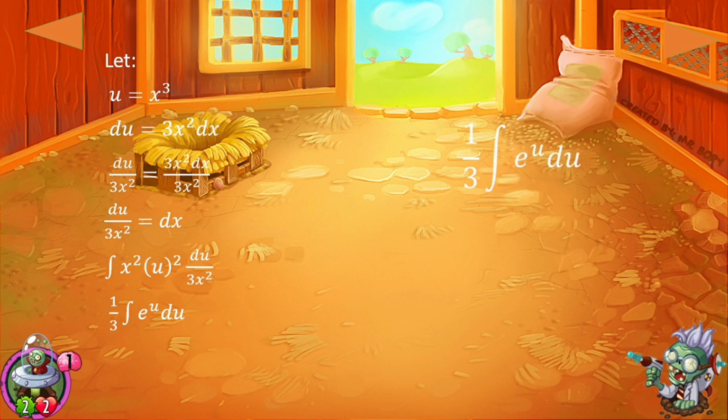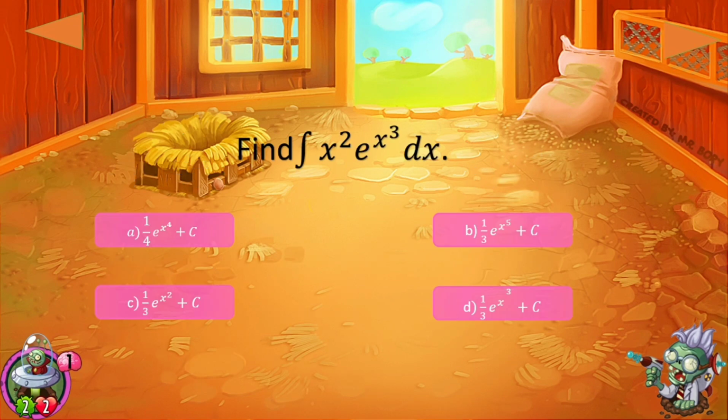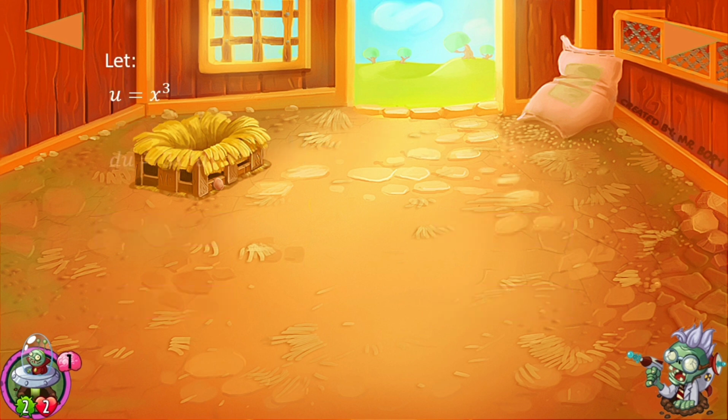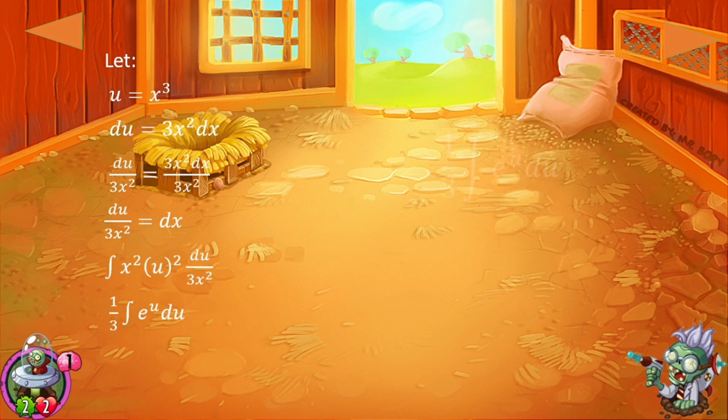So 1/3 integration of e to the u times du will be 1/3 e to the u plus c. I'm sorry for the typographical error. So our answer here is letter D. And how did we get our answer? As we have our u as x cubed, therefore our answer is 1/3 e raised to the power of x cubed plus c.